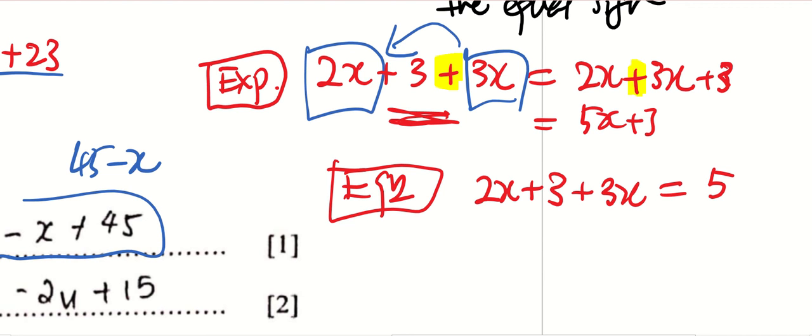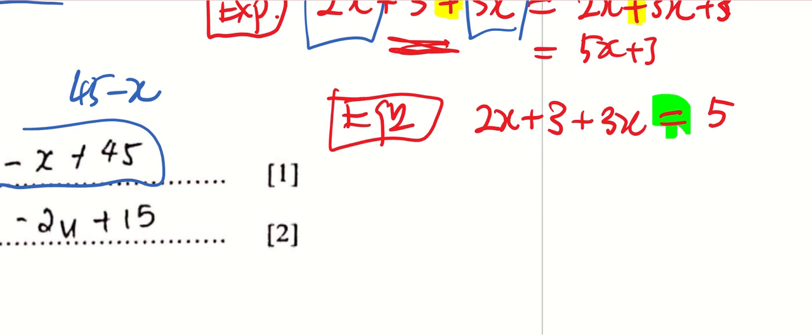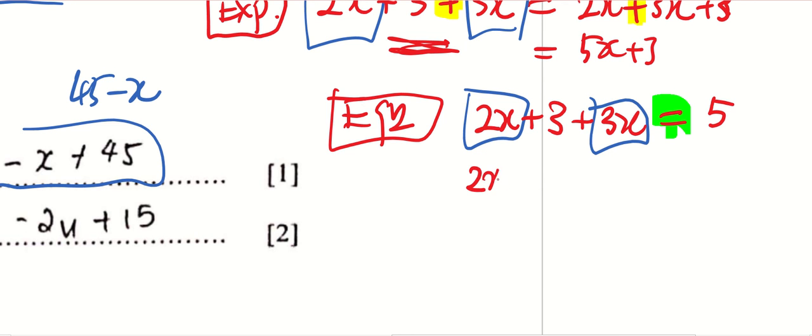Now this is an equation because of the equal sign. There is an equal sign given in the question, not something that you add in. Again, let's just look at the left hand side. We know that we need to group these two terms together, so let me do that first. Same thing: 2x plus 3x plus 3 equals 5.